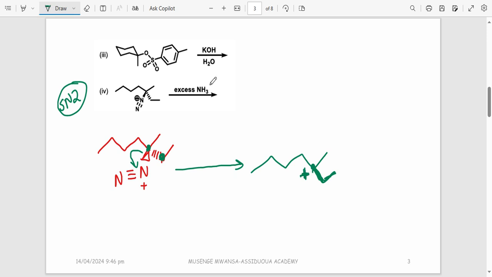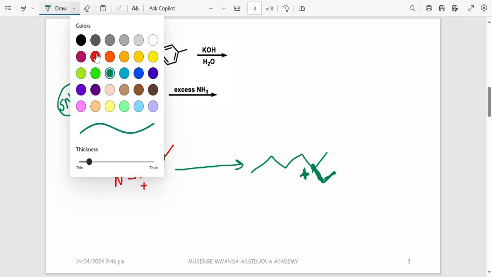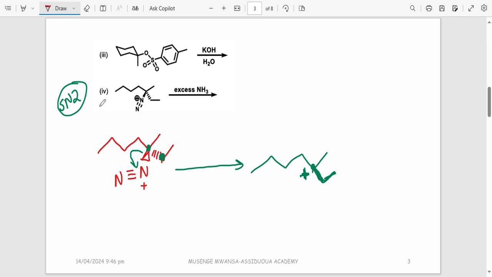Configuration becomes important when you have got four things attached to that carbon, not less than four, not more than four. Okay. And then at this point, this is when now our nucleophile can come in. And it can attack from any direction because it is via SN1. It can come and attack here, or it can come and attack from the back.